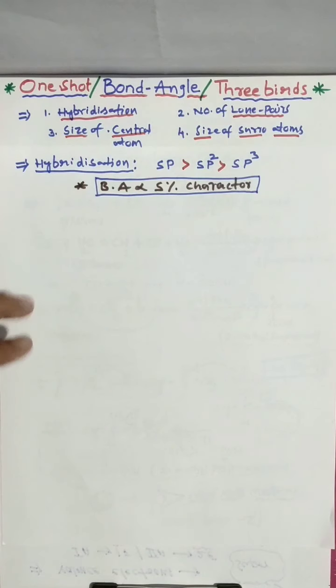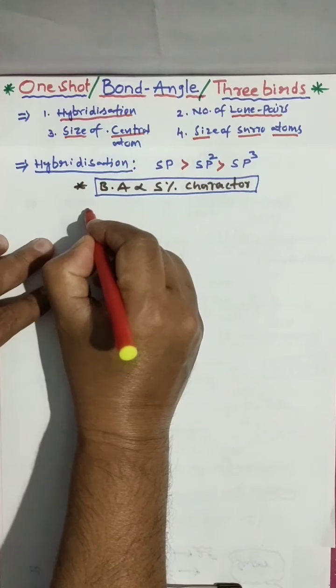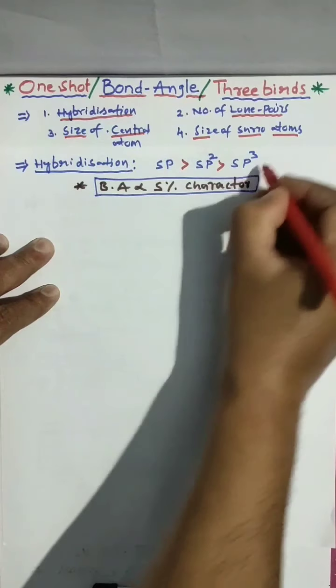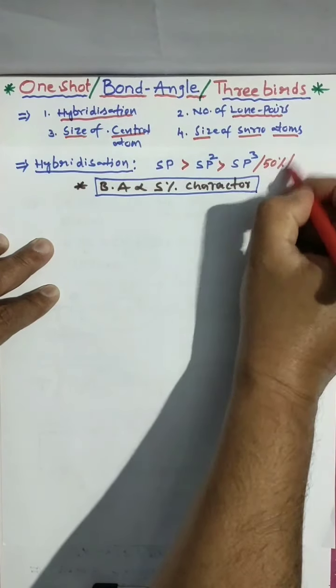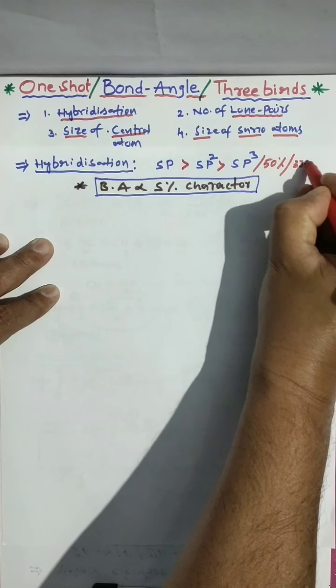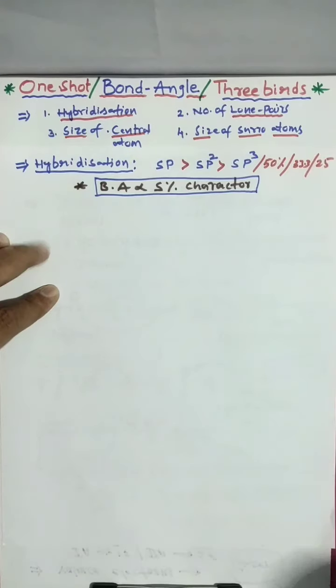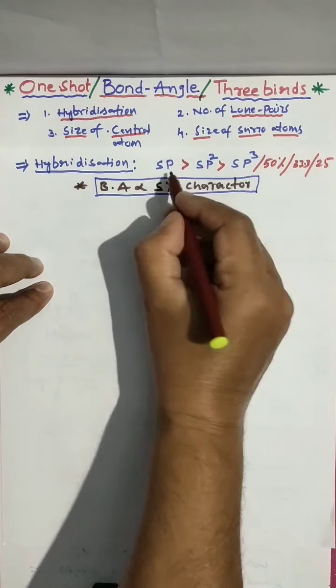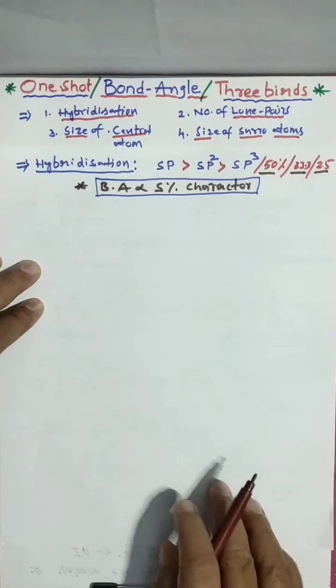You know very well, S character in sp is 50%. In sp2 it is 33.3 and in sp3 it is 25. Clear? S character 50, 33.3 and 25.